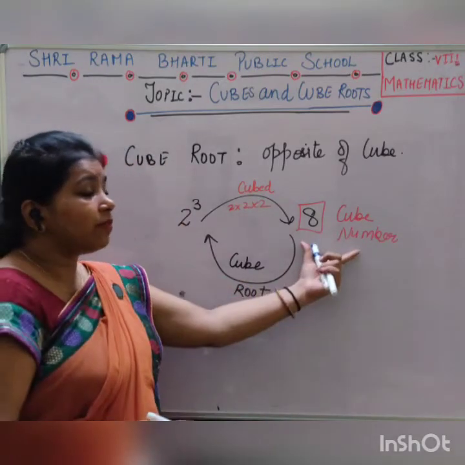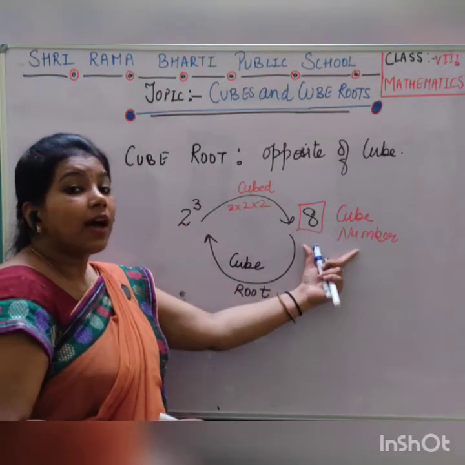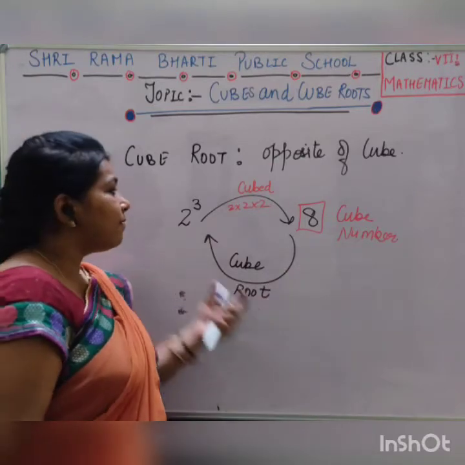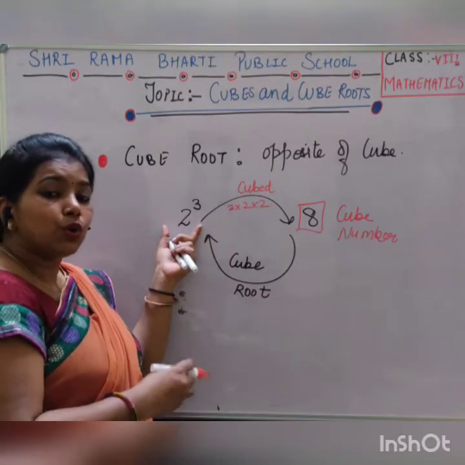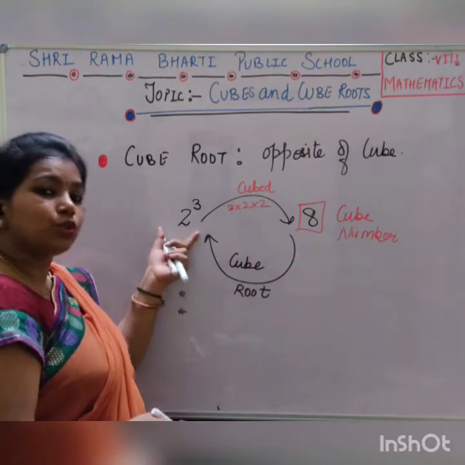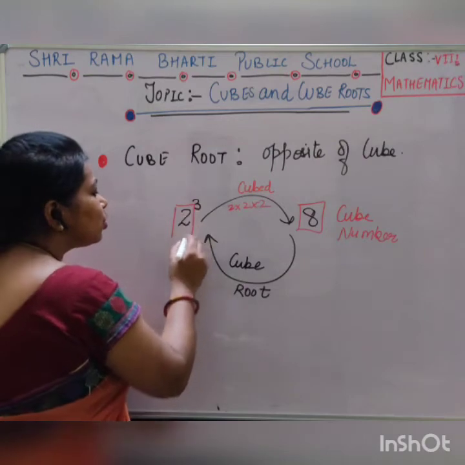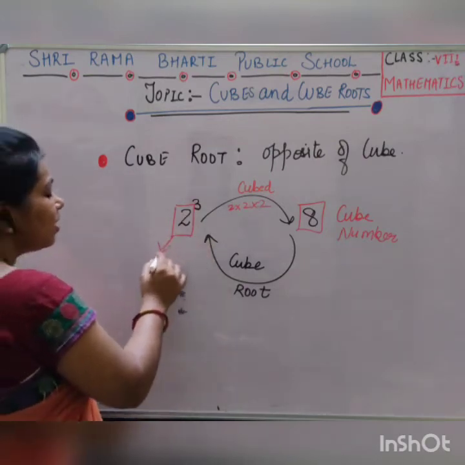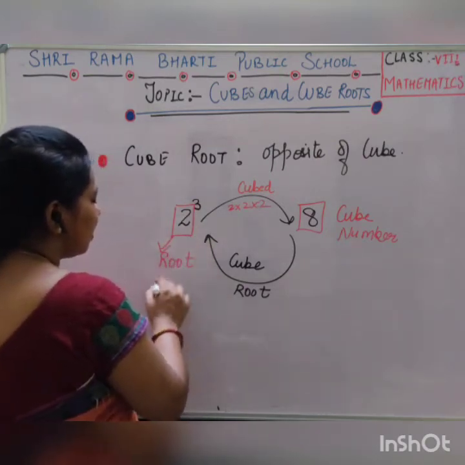And how has this cube number come? When we have multiplied 2 to itself 3 times. So this 8 has come from 2. So this 2 is a root number.